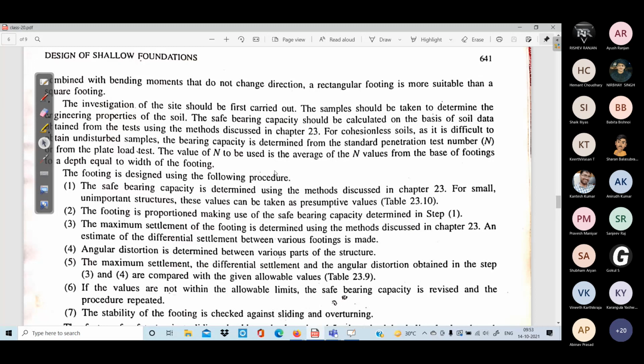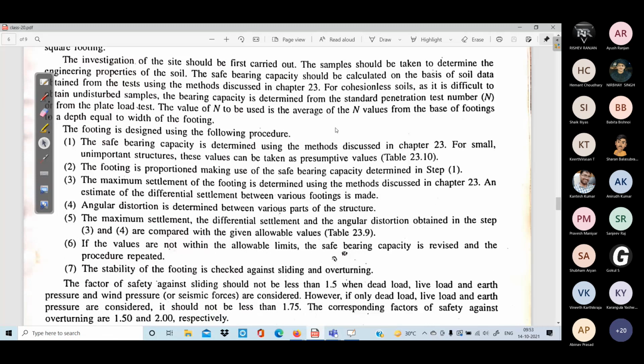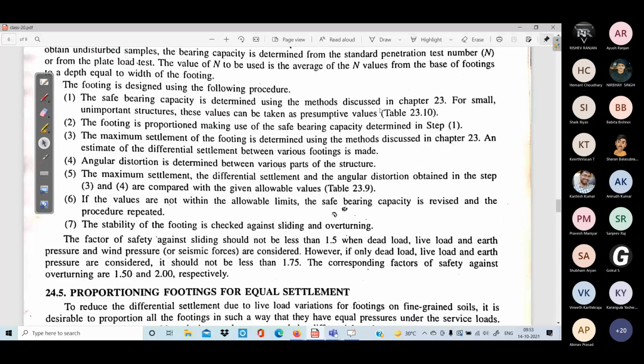The safe bearing capacity is determined using the method discussed in the previous chapter. Okay, for a small structure, it can be taken from presumptive values. That means we have seen that table if you recall. So suppose it is a gravel, sand, we can easily assume it. Okay, this is a well-known process.